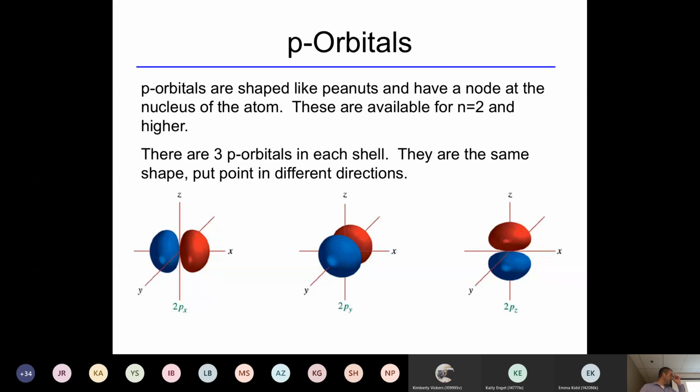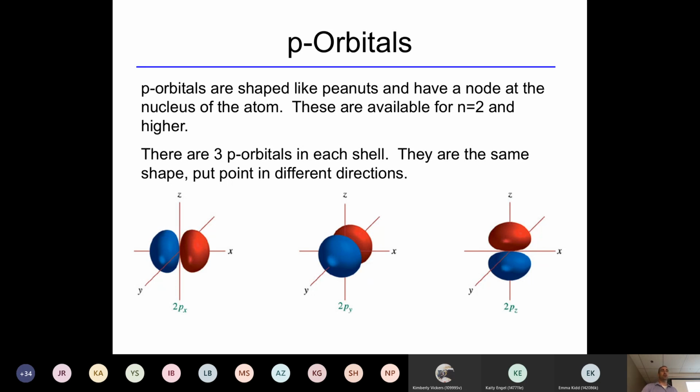Peanut maybe looks a little bit better. So p orbitals are another possible type of orbital. Hopefully you guys remember this from first year. There are 3 different types of p orbitals within each shell. And they look exactly the same, but they're oriented in different directions. We call these px, py, pz.